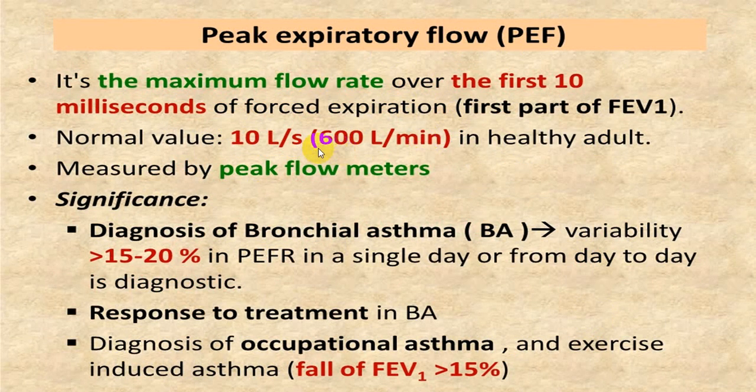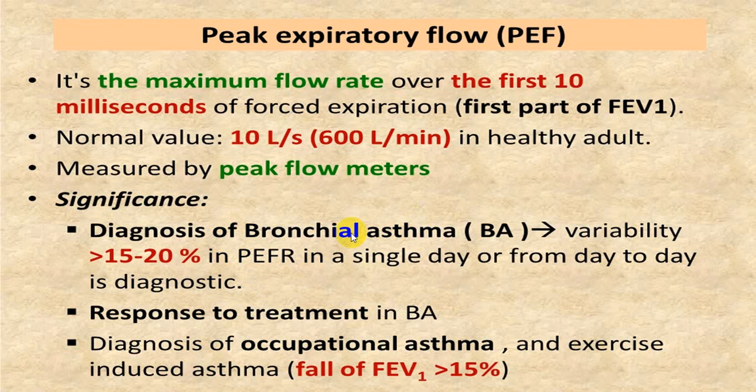In a healthy individual, you can utilize peak flow meters and then subject them to what we call a response to bronchodilator. This is very helpful for diagnostic as well as therapeutic purposes.